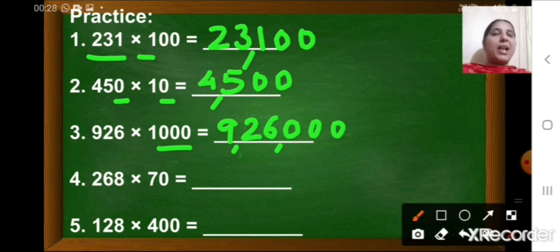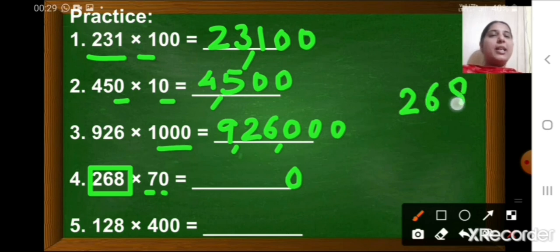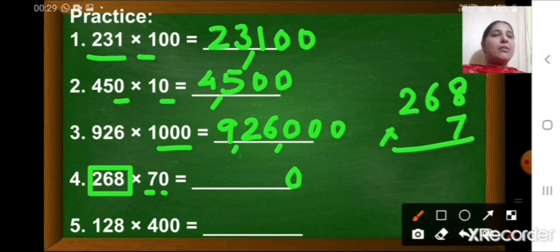Now look at the example number 4 here, children. 268 multiplied by 70. So first we will write this 0 at the ones place as it is here. And now we will multiply this 268 by the remaining digit here, which is 7. So 8 sevens are 56. So 6 we will write here, 5 will be carried over.